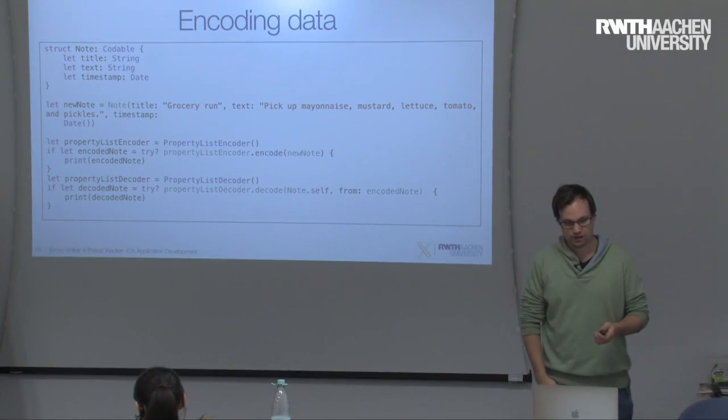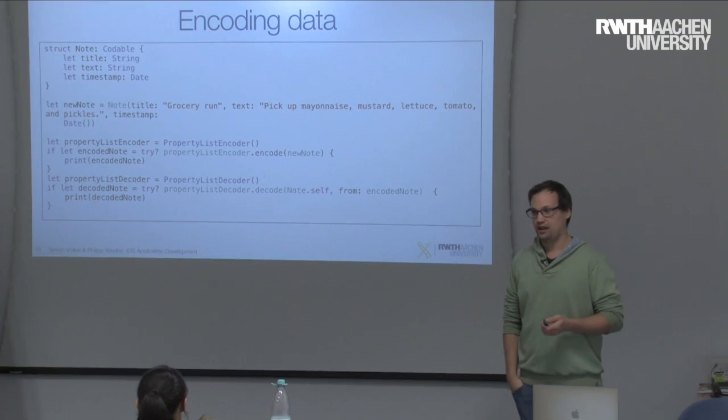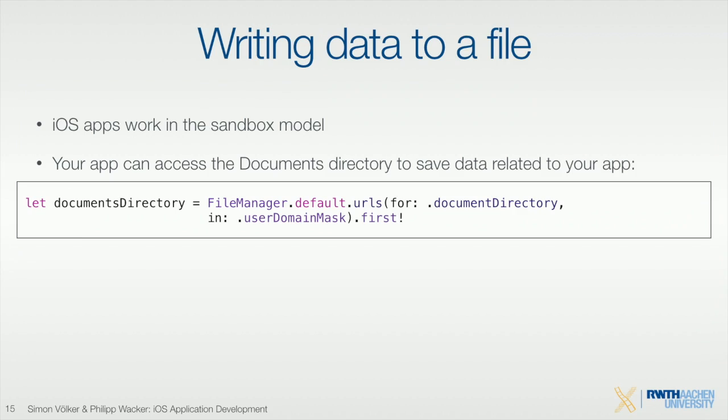Now I have to write this somehow to the hard drive. And for this one, we already talked a little bit about this. iOS apps are usually sandboxed, so you don't have access to any specific root folder on your application. You don't have any folder structure. You only have access to a specific disk area inside your application.